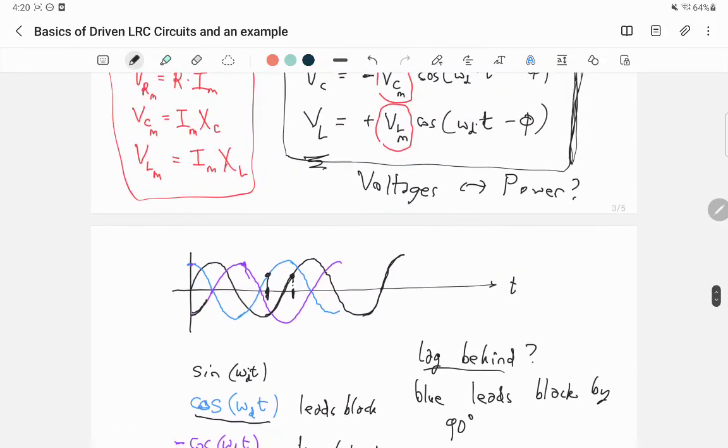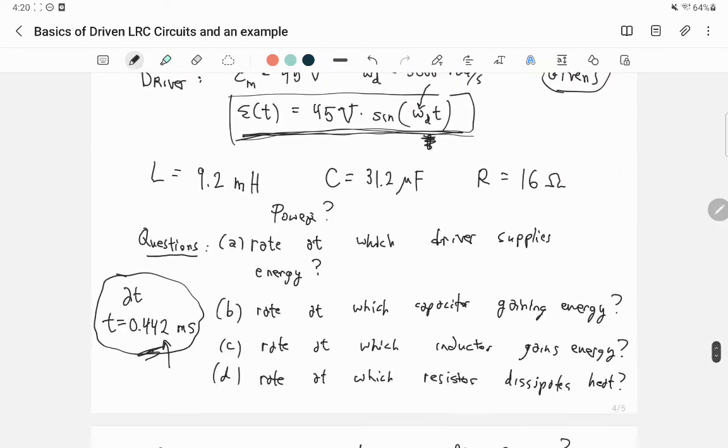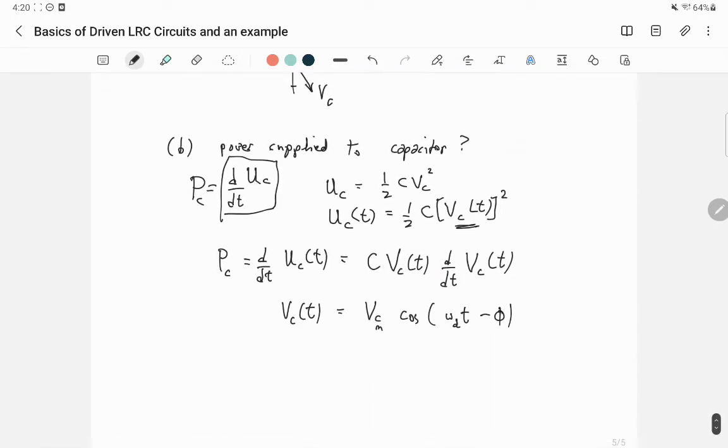So for the capacitor, we need to put on this extra minus sign right here. So I'm going to put it down here. So this is the capacitor's time-dependent voltage in this driven LRC circuit, right?